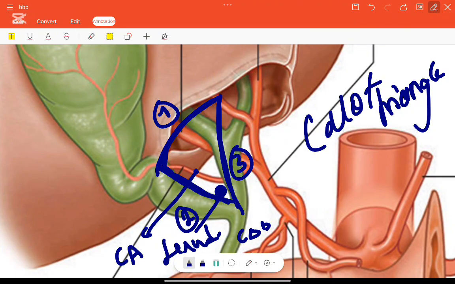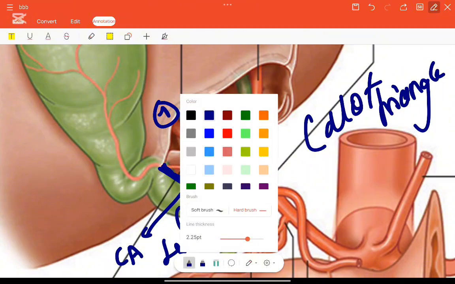So Calot's triangle is used as an anatomical region to identify the cystic duct and cystic artery and ligate them during laparoscopic or open cholecystectomy. The thing is that the right hepatic artery may enter this region and move up.